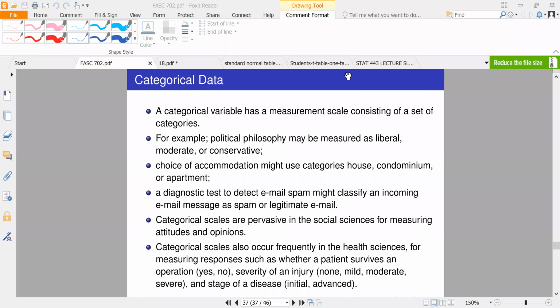You are either male or female. There's nothing in between there. You are either male or female, healthy or sick, happy or sad, small, medium, or large, things like those. Those are the kind of categorical data we are talking about.